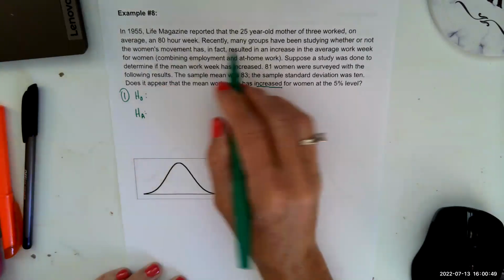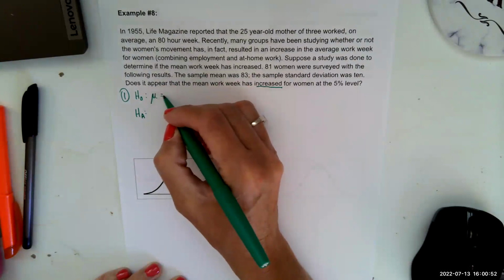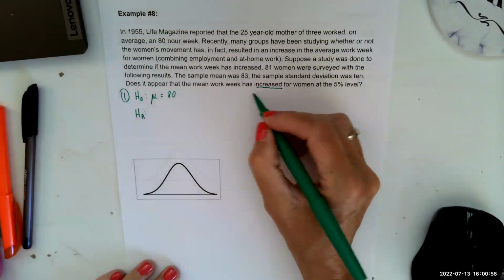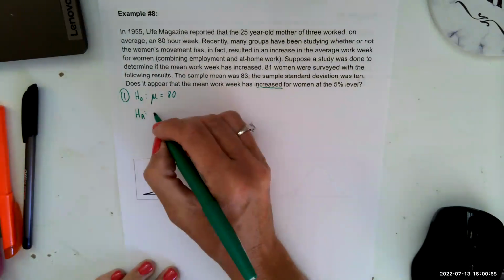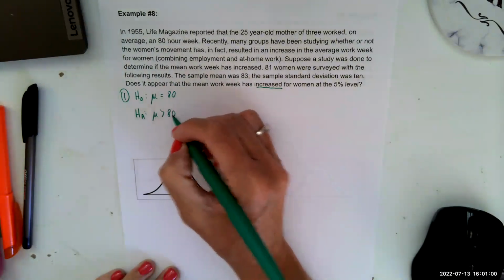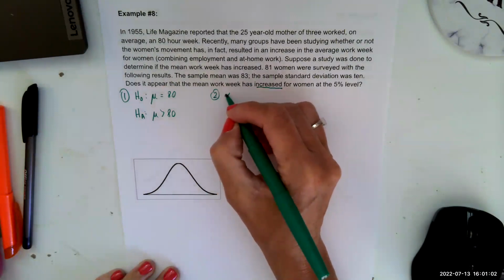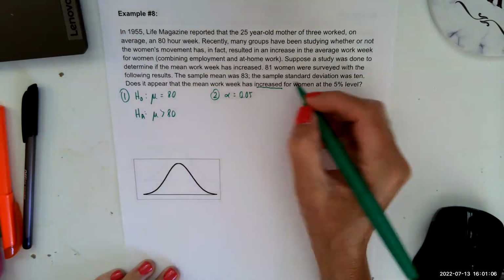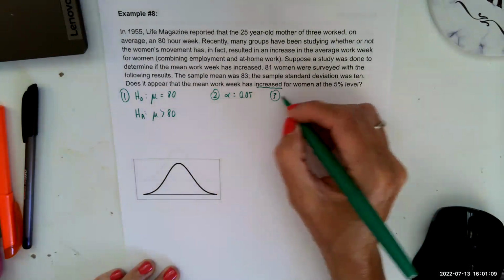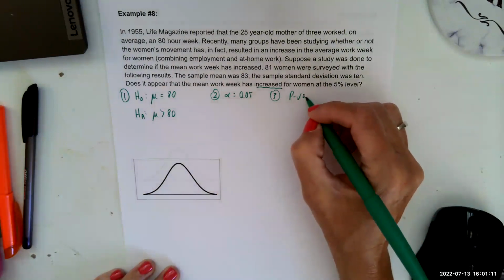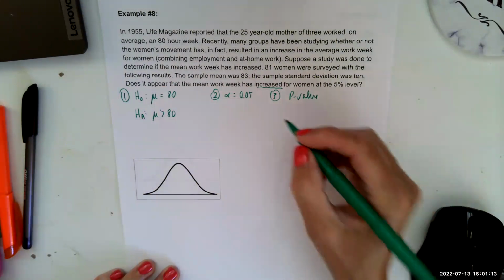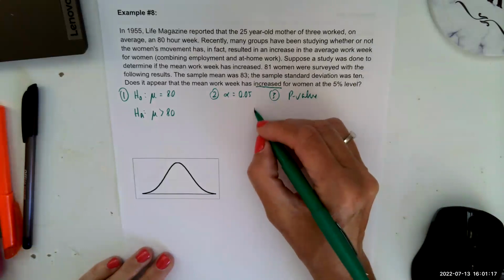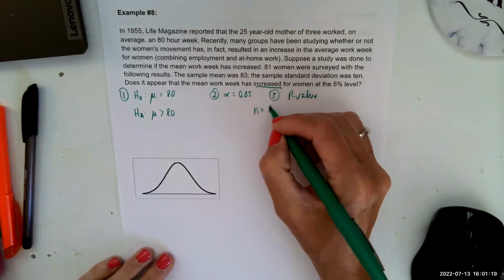Okay, so our hypothesis statements. They originally proposed that the mean work week was equal to 80, but since then they feel that it's increased. So the mean is greater than 80 is what they're proposing. The alpha is at 0.05 testing level. And number 3 is we're going to calculate the p-value using the information we enter into Desmos. N is 81, there were 81 women.